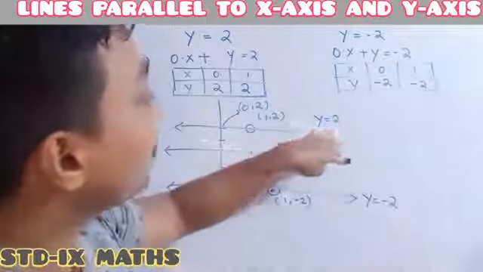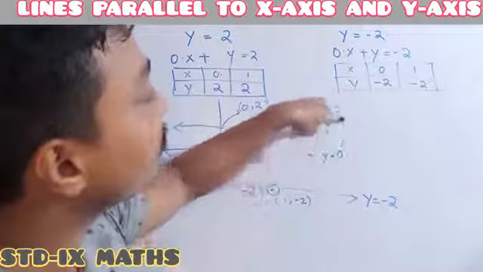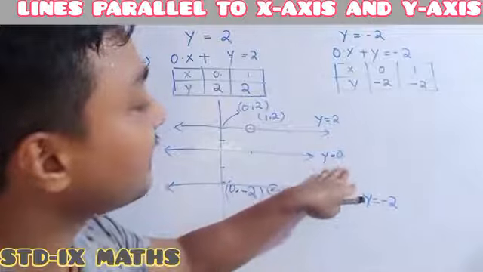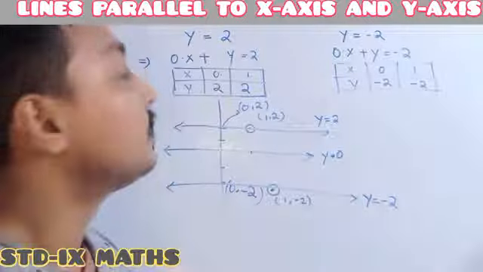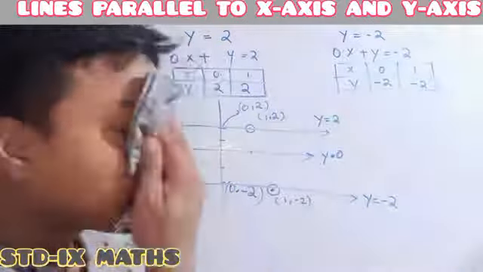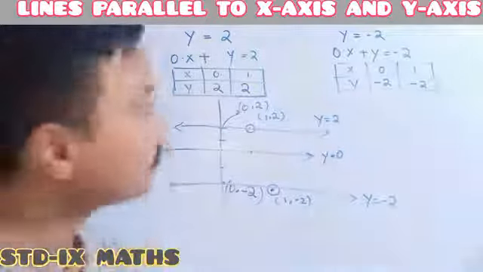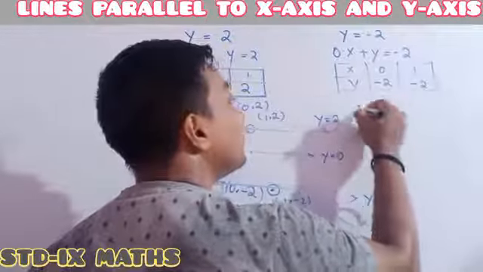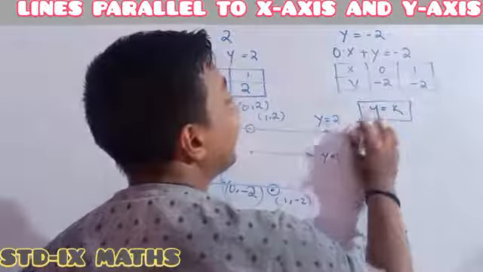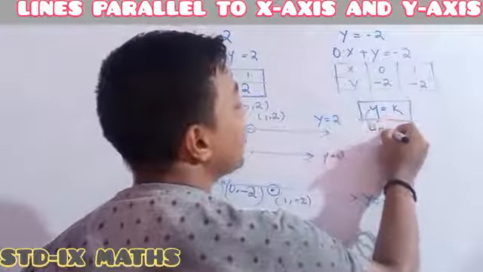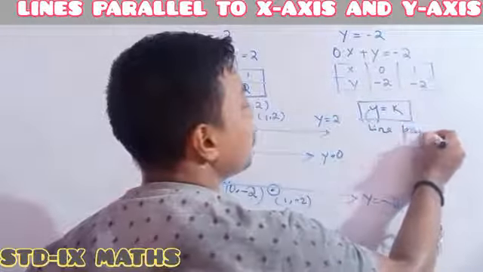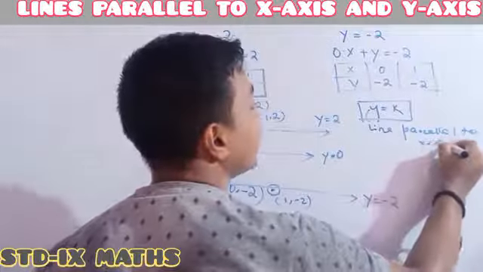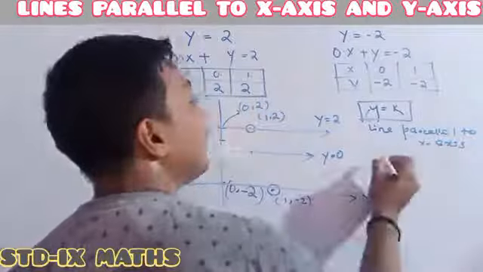So it means y is equal to plus 2 is parallel to the x-axis towards the upper side, and y is equal to minus 2 is parallel to the x-axis at 2 units towards the downside. So the common thing you just have to remember: I am writing y is equal to k. It is the line parallel to the x-axis.